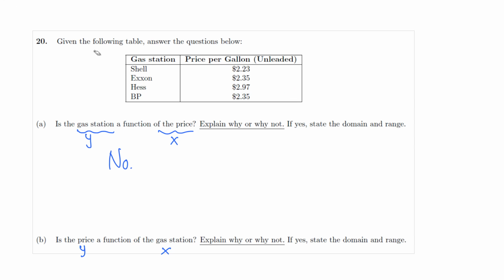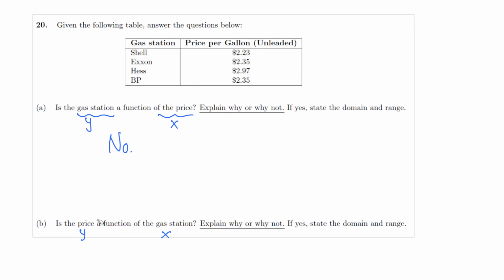The stations are not repeated, so yes, this one goes there, this one, this one. In fact, all of them could go to the same place. That's all right. For one input, there's only one output.